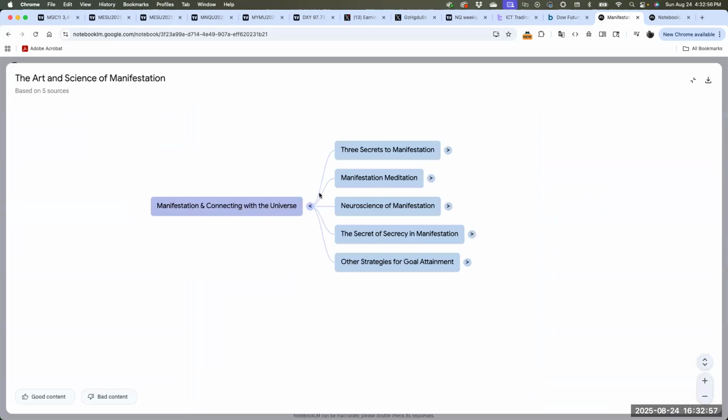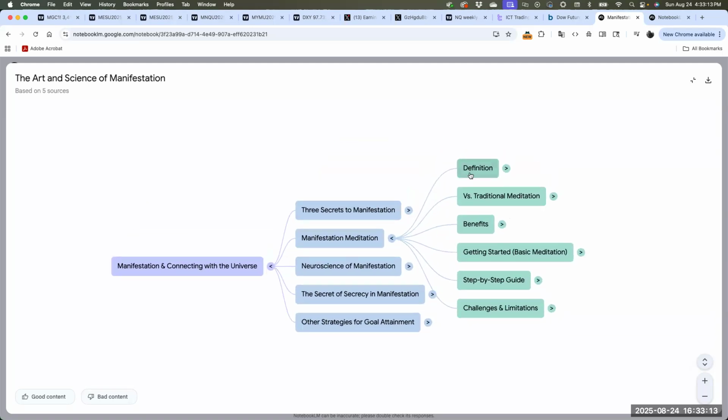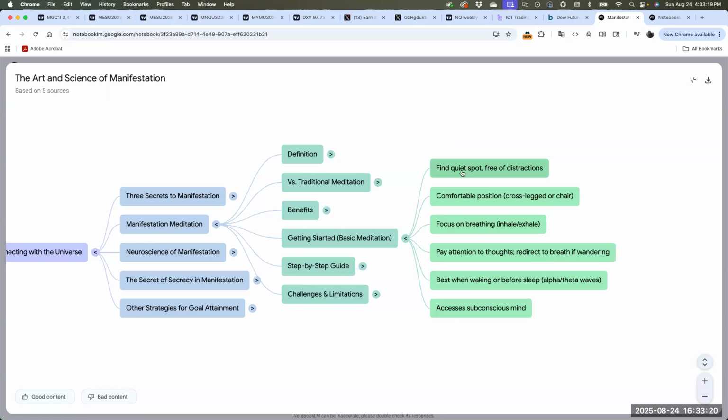Manifestation and connecting with the universe. 3 secrets to manifestation. Manifestation minds, meditation, neuroscience and manifestation, secret of secrecy and manifestation, other strategies and goal attainment. Well, we come up with definitions, getting started, a lot of good information.